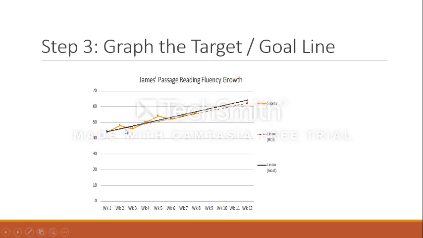So how he's doing has a flatter slope than where he needs to be, which is the steeper slope or the blacker line. So we have 3 lines here. We have his actual score, the jagged line. We have his rate of improvement, and then we have his goal, where we think he should be.